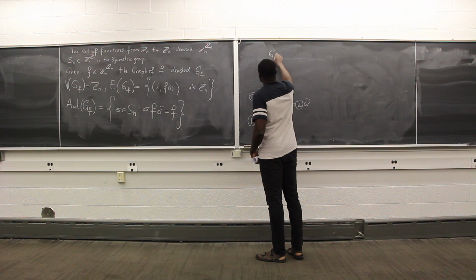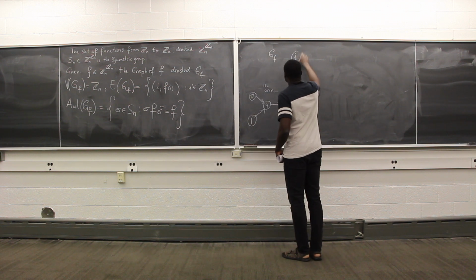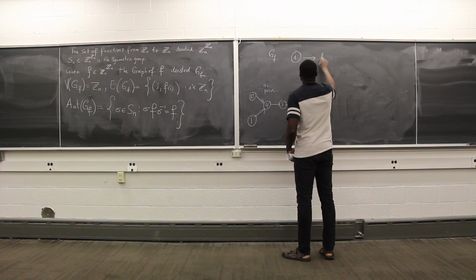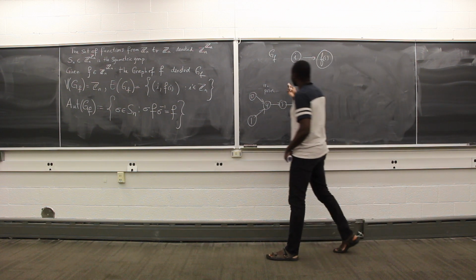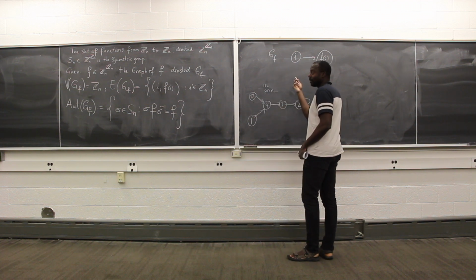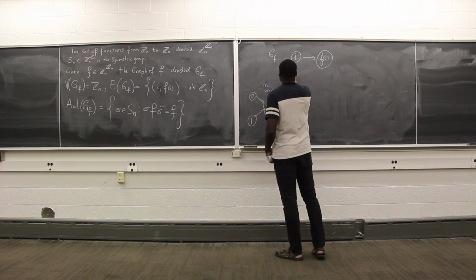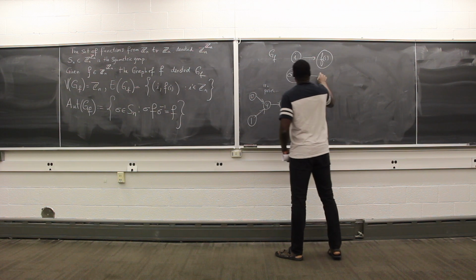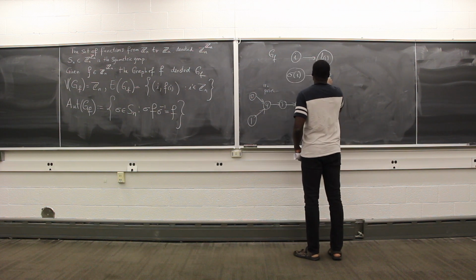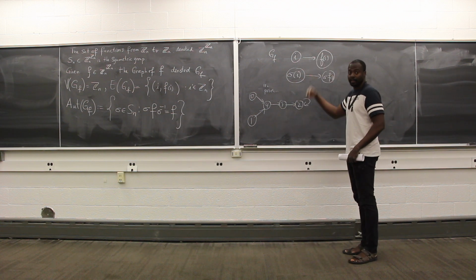In the graph of f, all the edges are i goes to f(i). These are all the edges of the graph. Now, if you relabel the graph by sigma, then every edge becomes sigma(i) goes to sigma f(i). This is what applying sigma does to every edge.